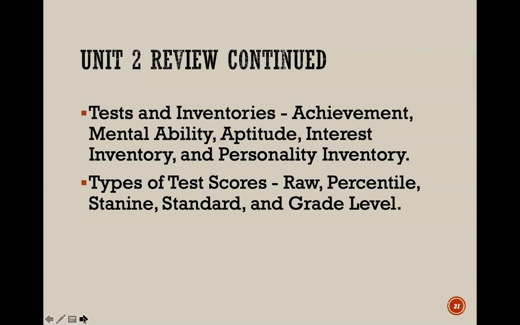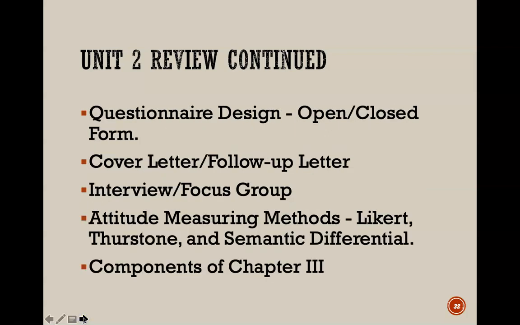So you can have a raw score, which is totally untouched. You have percentiles, stanines, which are divided into 9. You have standard scores and grade level scores, where it is compared to their academic level of achievement.